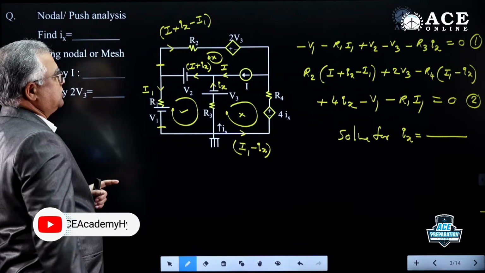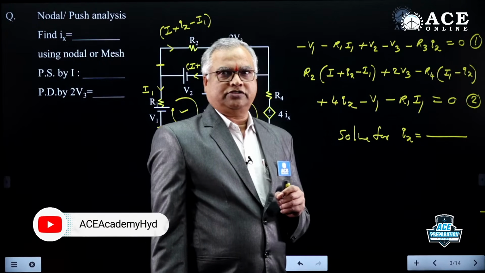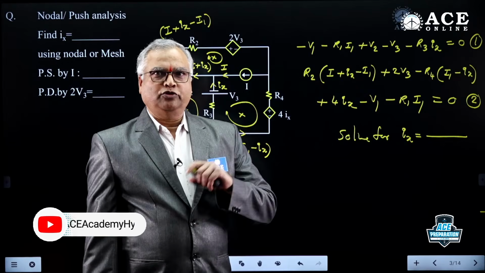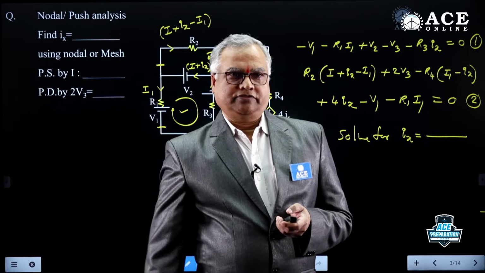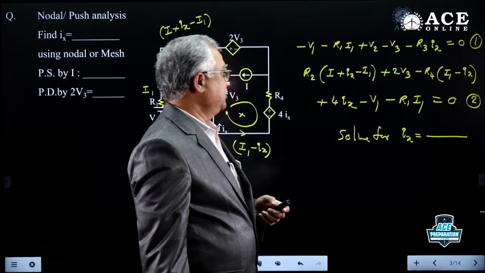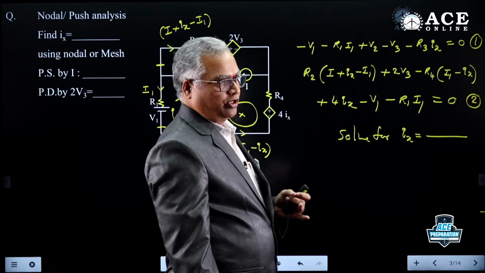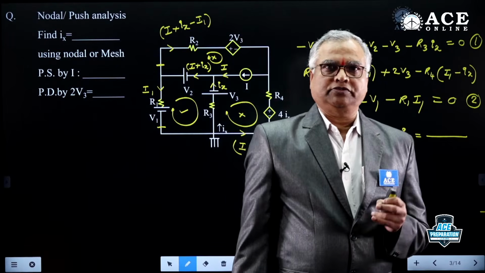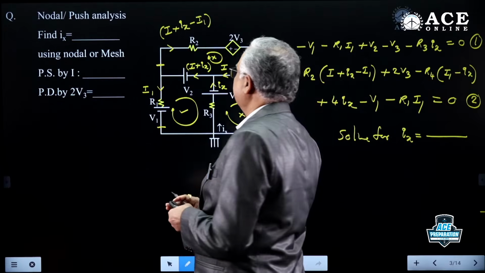So mesh and nodal are very, very important. In any topic you take in networks, knowingly or unknowingly, we apply nodal and mesh analysis. So all of you should be thorough with nodal and mesh, especially the super node and super mesh concepts. Sign convention is very, very important in this.